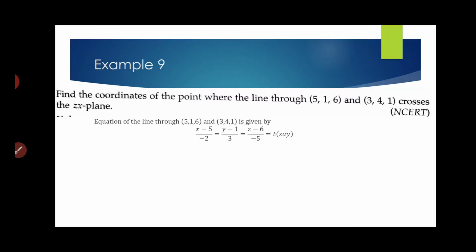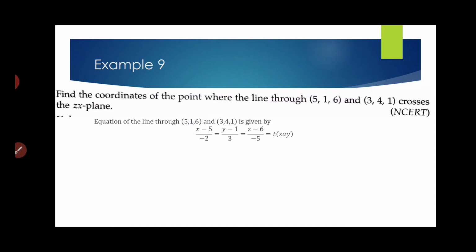So it is basically (x minus x1) by (x2 minus x1), equals (y minus y1) by (y2 minus y1), equals (z minus z1) by (z2 minus z1). So 3 minus 5 is minus 2, 4 minus 1 is 3, and 1 minus 6 is minus 5. So that's the equation of the straight line.